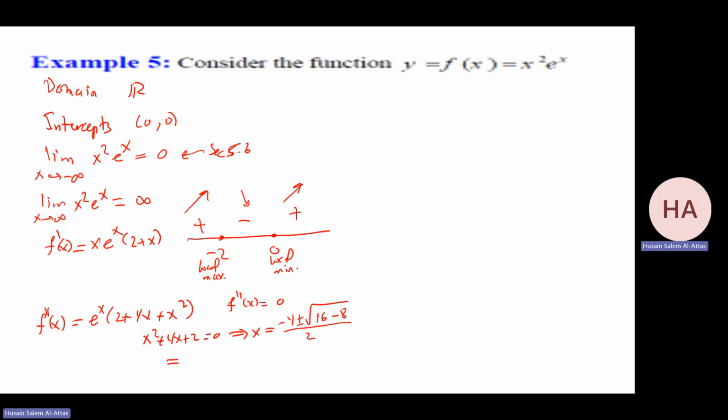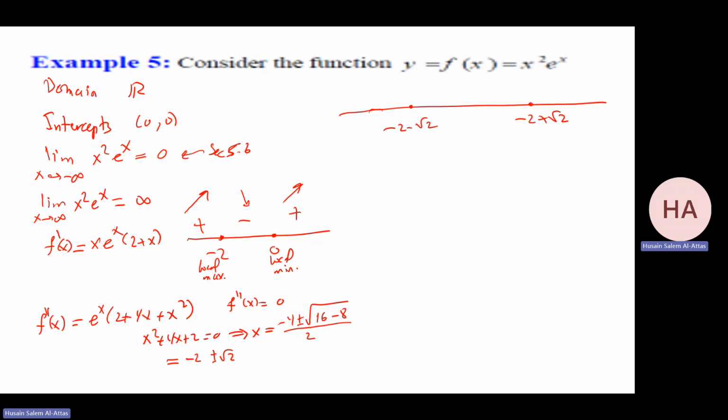And that gives me what? -2 plus or minus square root of 2. Okay. So I need to put these values: -2 minus square root of 2 and -2 plus square root of 2.